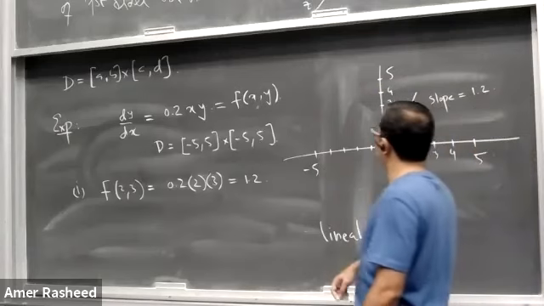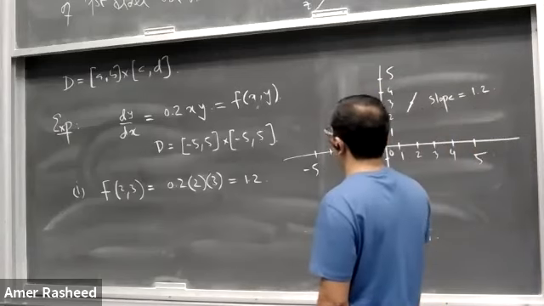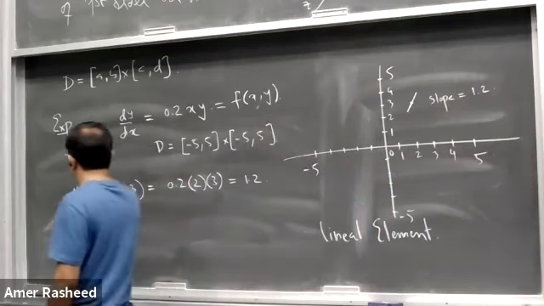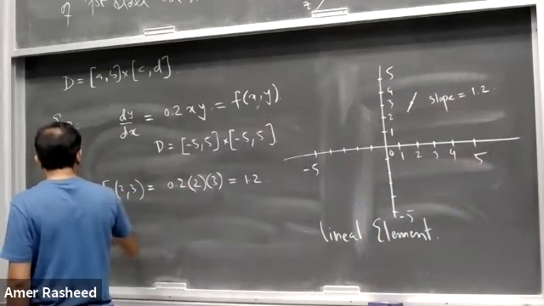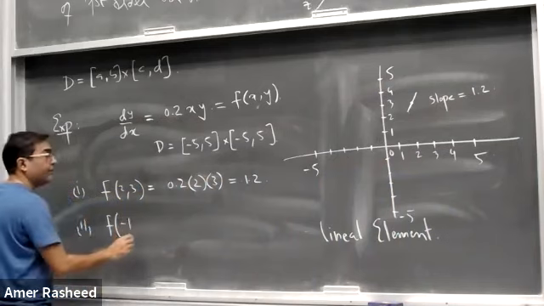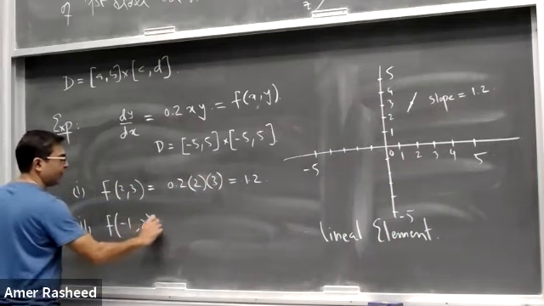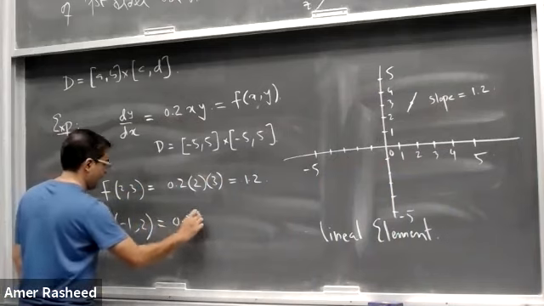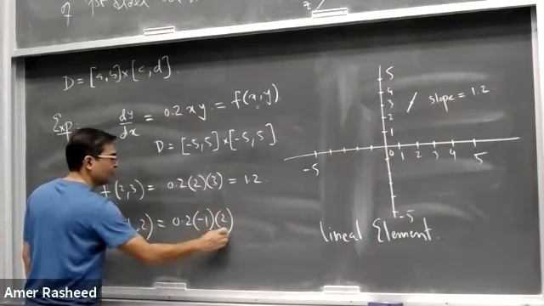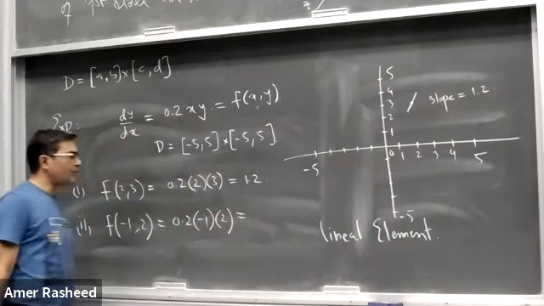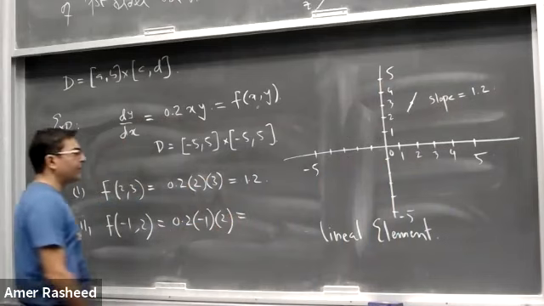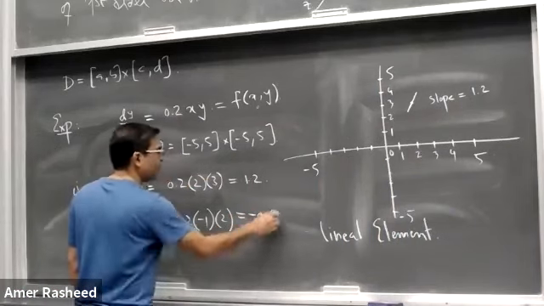For example, you can compute a lineal element for some other point, maybe f at -1 and 2. It is 0.2 times -1 times 2, which is negative 0.4.